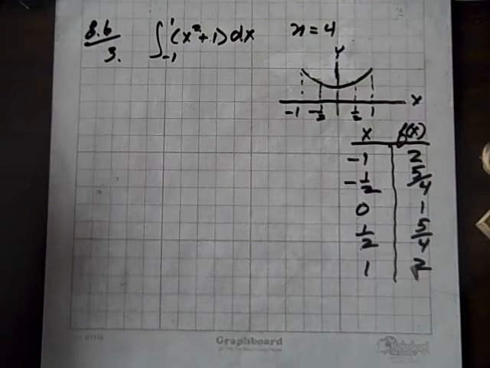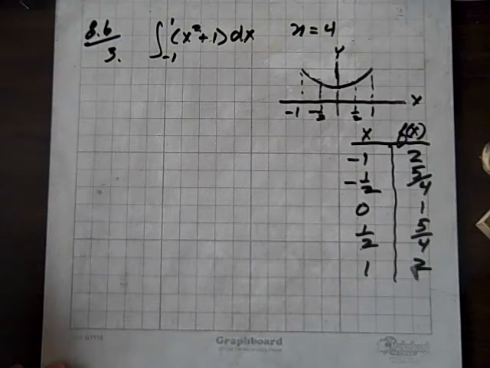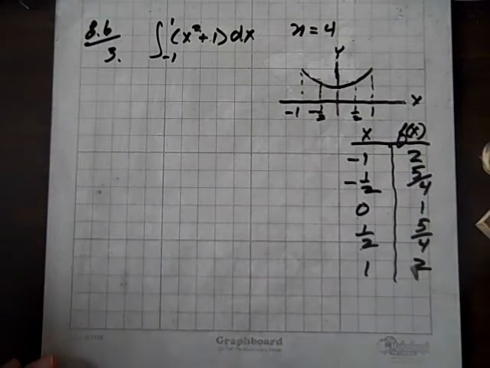Well, now we're doing section 8.6 and question 3, and we have to use Simpson's rule to evaluate this. In fact, we have 3 parts to this. And so let's use Simpson's rule to evaluate.